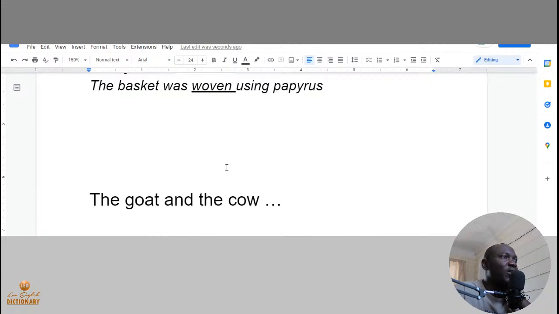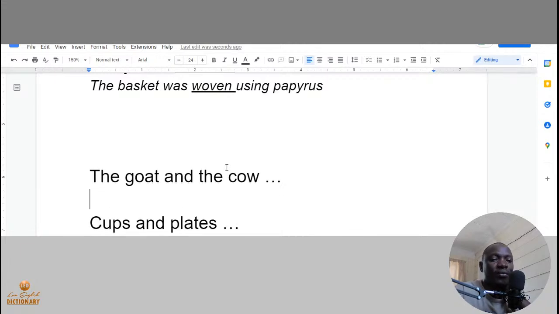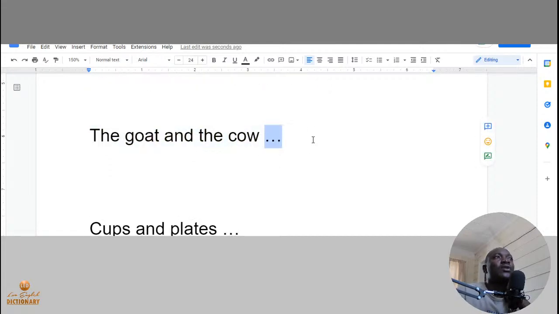Then we move on to the goat and the cow. So what can I put here? The goat and the cow are... what have they done? Anyone has an idea?